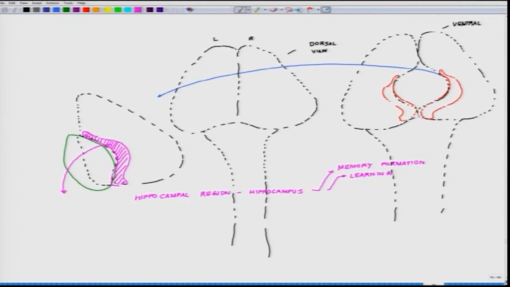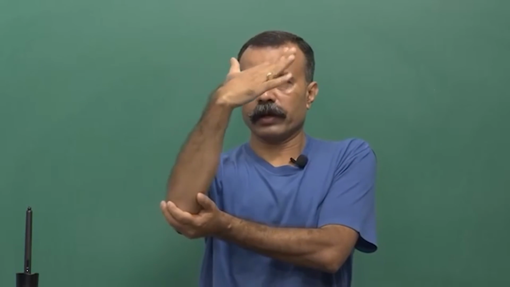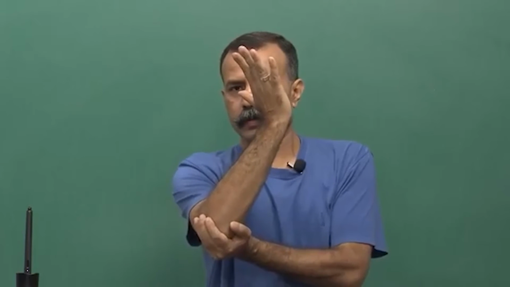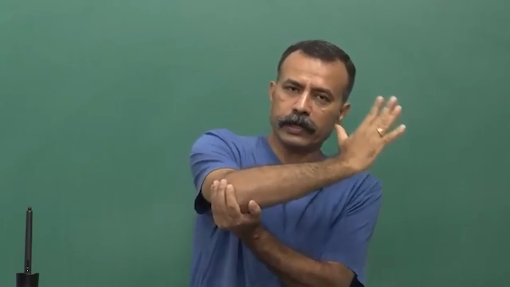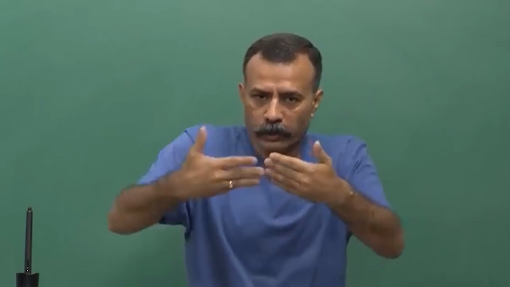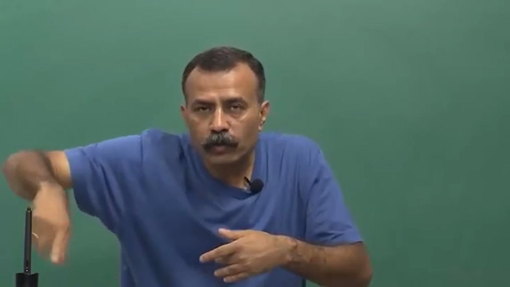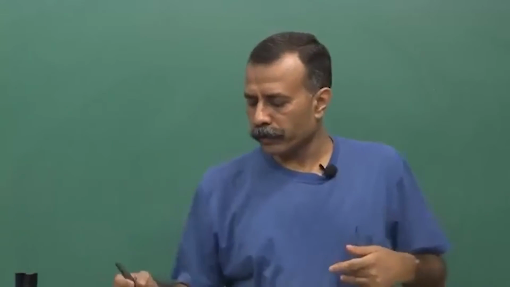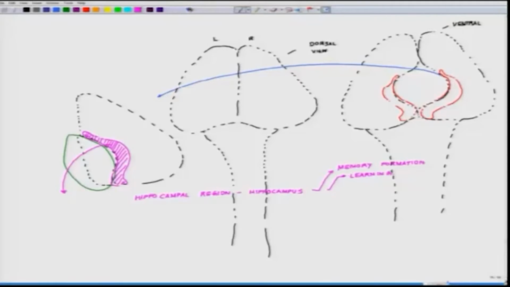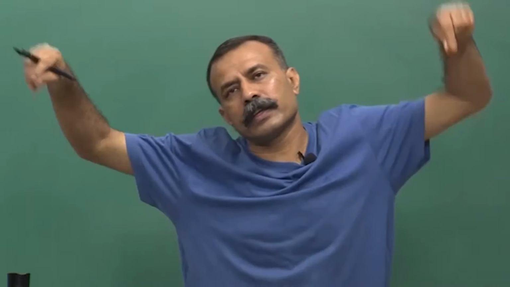If I place it like this, how will it look? It will look like a curved structure. On the surface, if you look at it from the top, it will look like a half moon kind of shape. This is exactly what I am trying to draw next. So, it is something like a half moon with a stretch extended likewise.